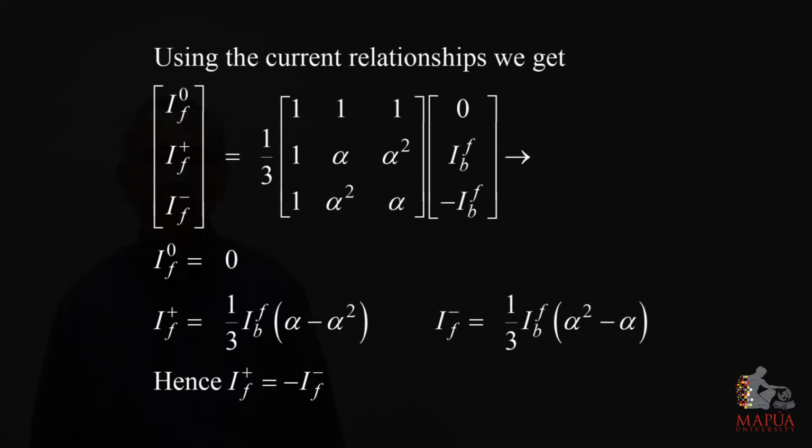Now, using the current relationships, we can get the sequence fault currents to be equal to 1/3 multiplied by the inverse of matrix A multiplied by the phase current flowing to the faulted point.